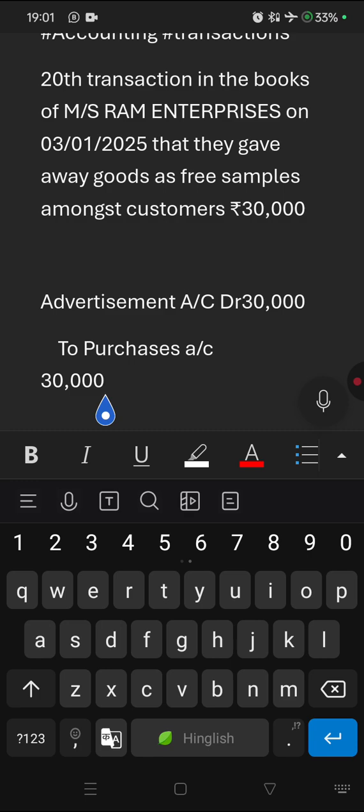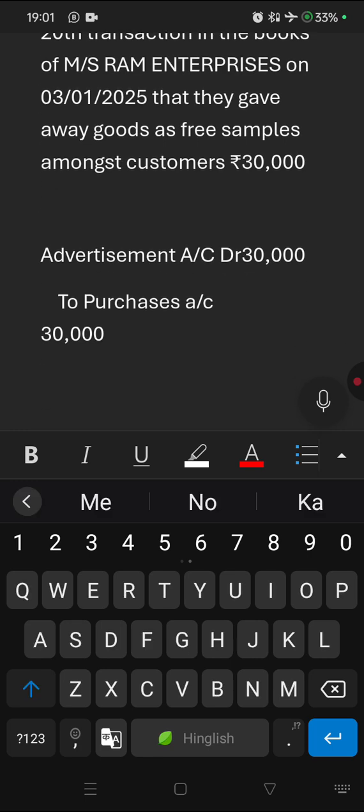And what will be the narration? Being goods distributed as free samples among the consumers.